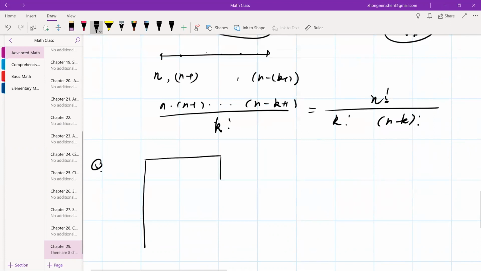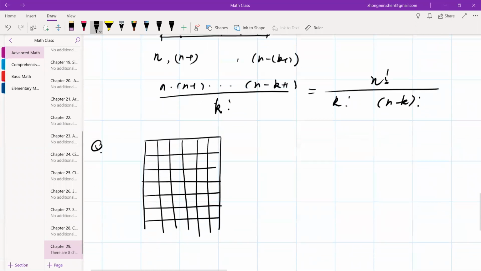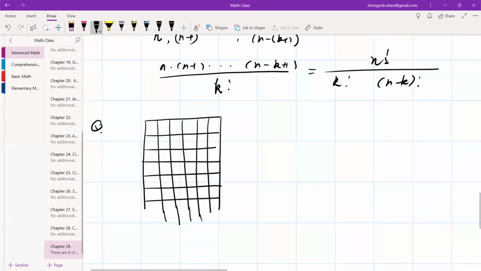So 6 by 8: 1, 2, 3, 4, 5, 6, 7, 8 in one direction, and 1, 2, 3, 4, 5, 6 in the other.